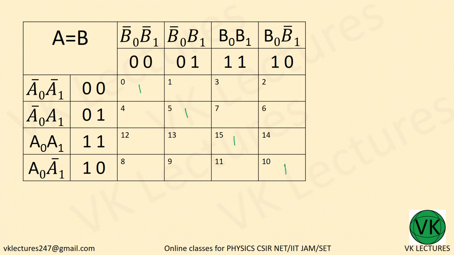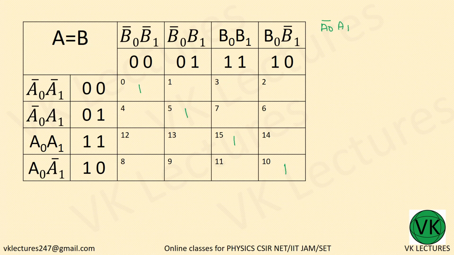So these are the places where you have A equal to B. So let us write it down. There is nothing to remove, everything is as it is.